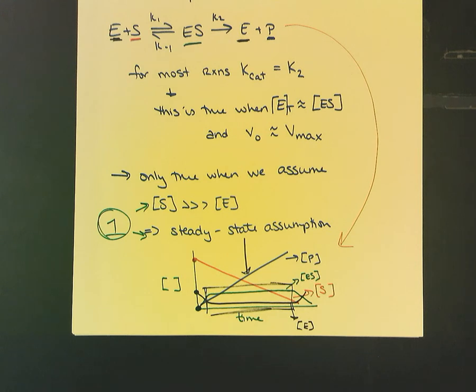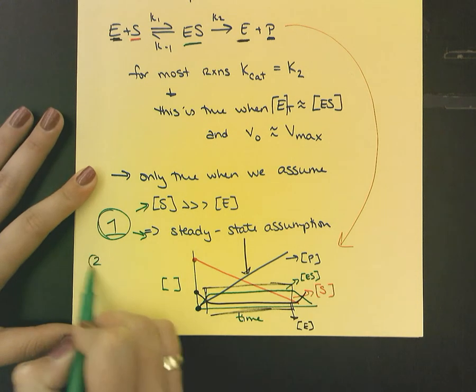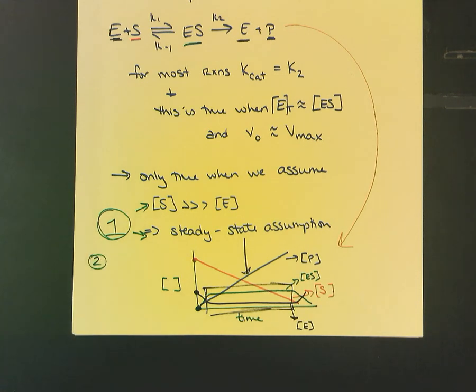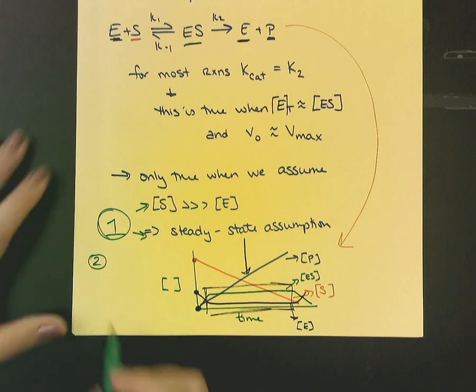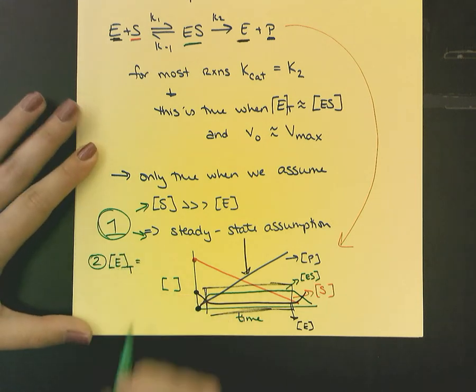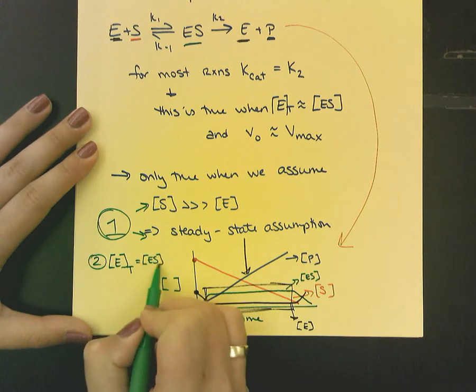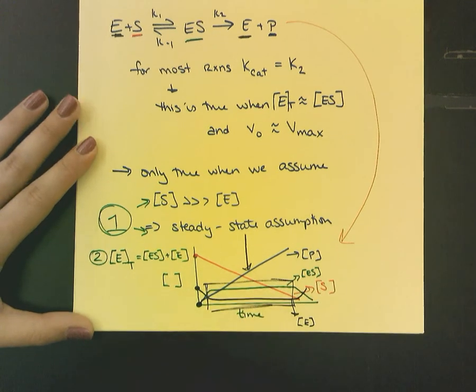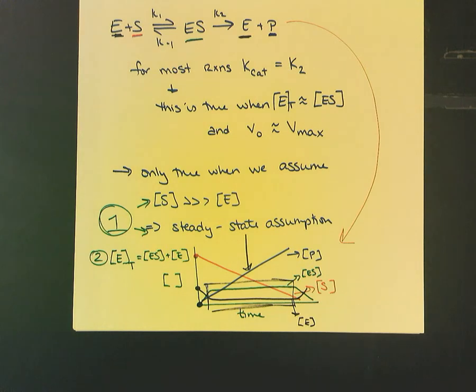Let's see, that's assumption 1. We did that. Okay, so this graph also tells us assumption number 2. Assumption number 2 says that the total enzyme is in only one of 2 options.